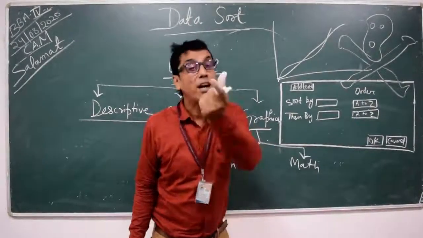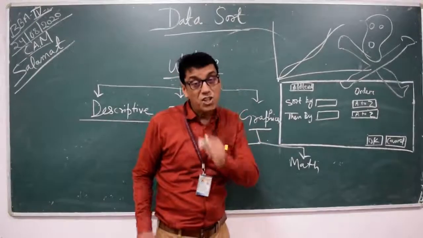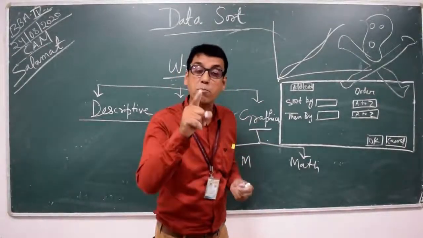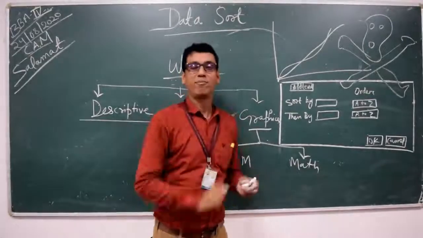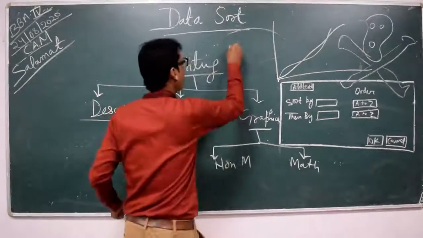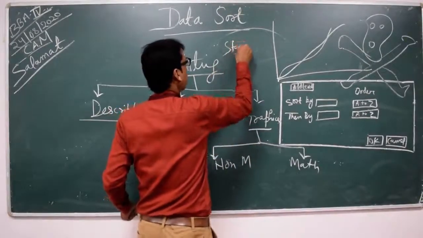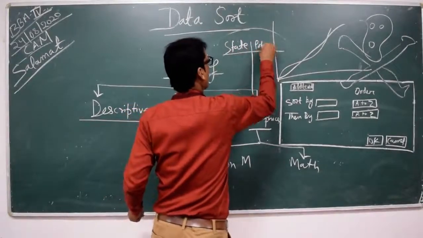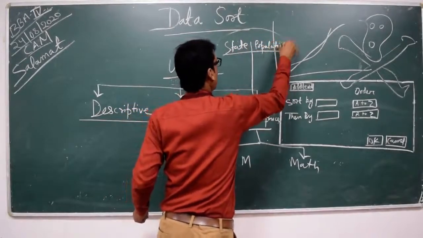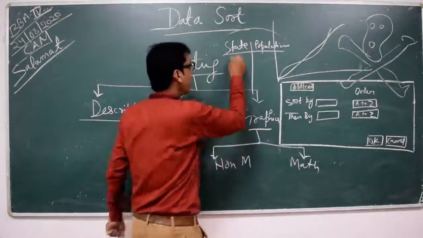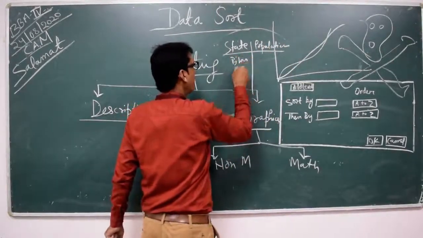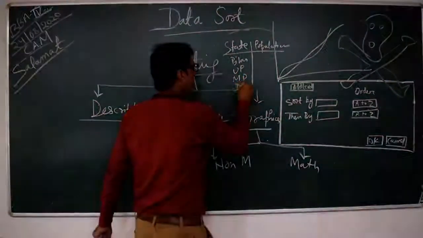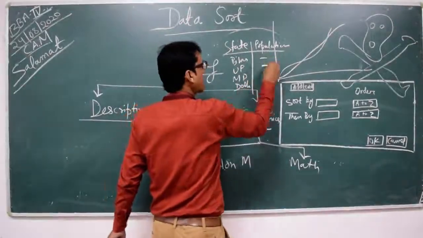Like we have the pie chart. A pie chart is designed for a place where the subject has only one data. Like we have state and population. The state is the subject: Bihar, UP, MP, Delhi, and this is the population.